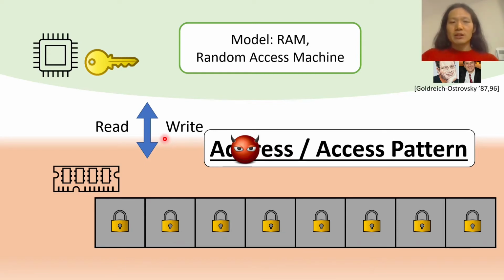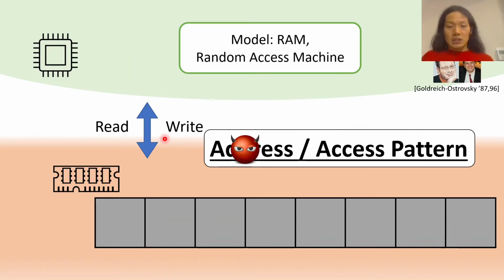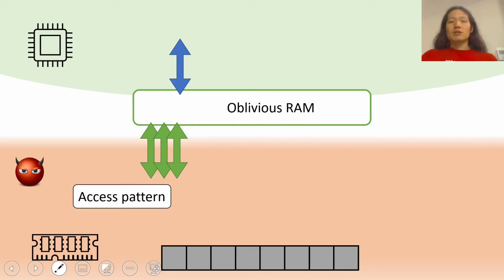To separate the problem of access pattern and encryption, we assume the adversary sees only the access pattern but nothing else. So this is the cleaner model of computation and the adversarial model. To formalize the security, we add an extra layer of abstraction called oblivious RAM. The input to ORAM is a sequence of logical accesses, and the ORAM translates logical accesses into physical accesses.